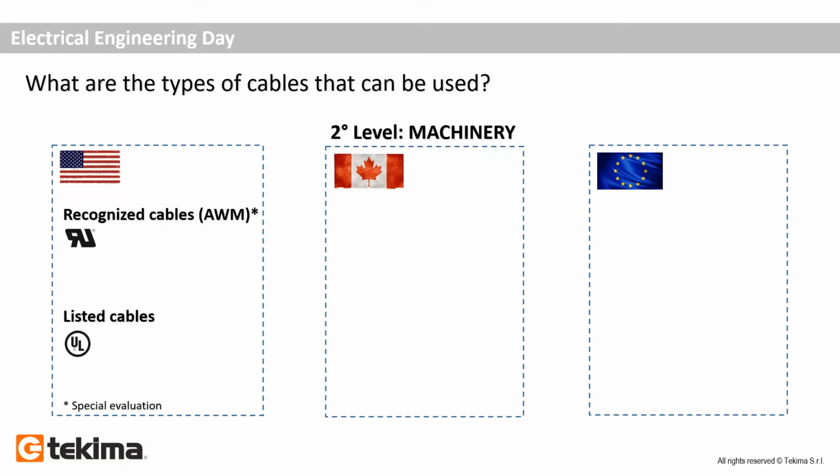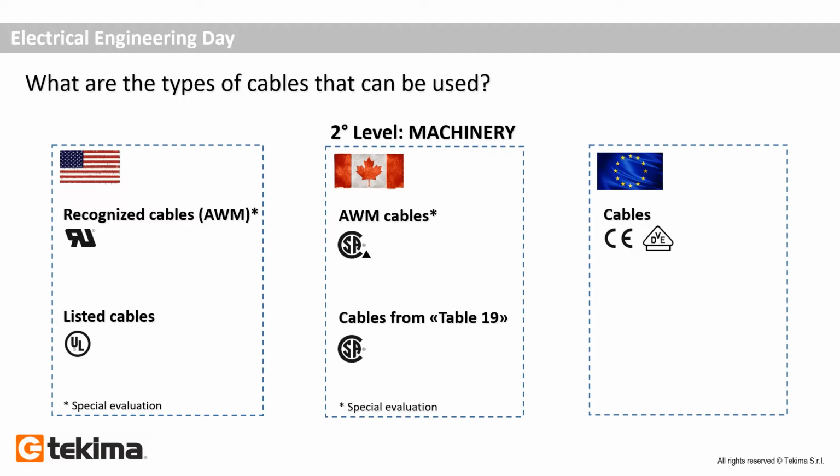We have also to consider the installation because of the standard. In fact, I will consider some special evaluation depending on the application. Same situation in Canada. Moreover, for the EU market, all the third-party certified cable is recognized as valid.